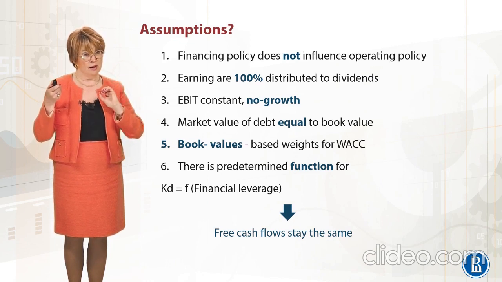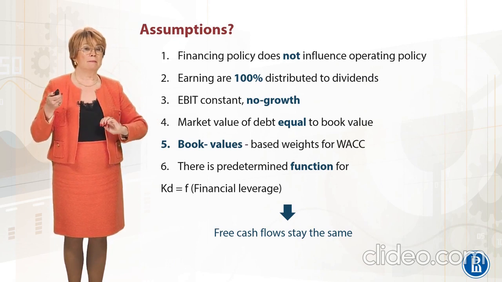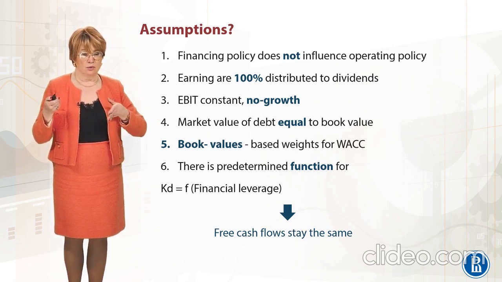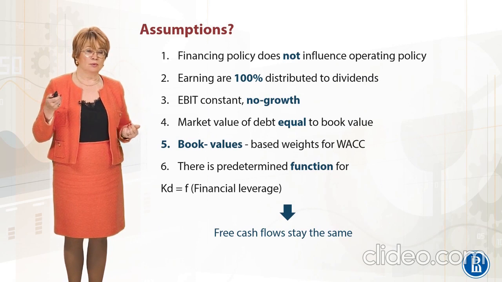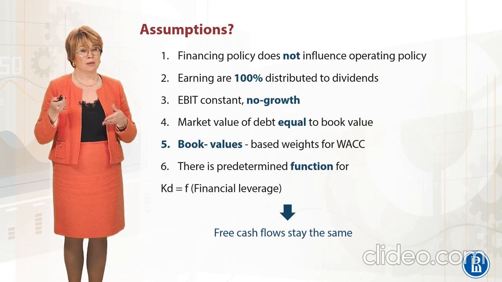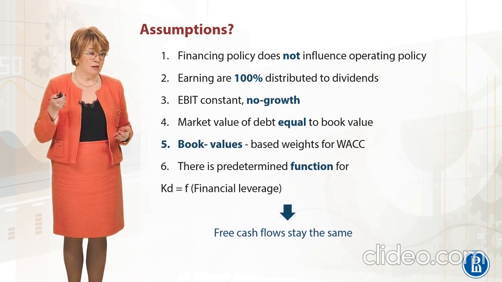The assumption number five says we are using book values of the debt and book value of the equity to compute the weights for debt and weights for equity for the weighted average cost of capital. Again, this is too strong an assumption.